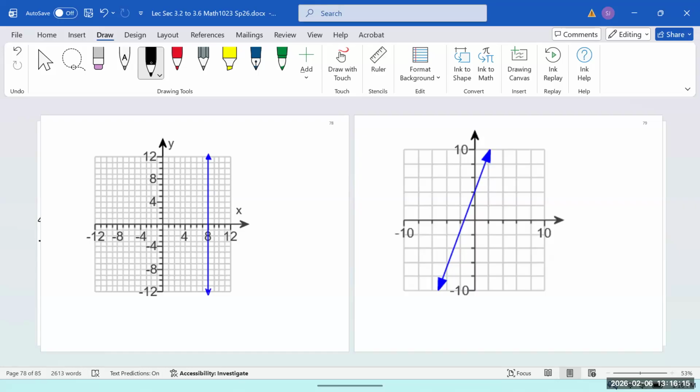Okay. 1, 2, 3, 4, 5, 6, 7, 8. 8 absent. Okay, ready?